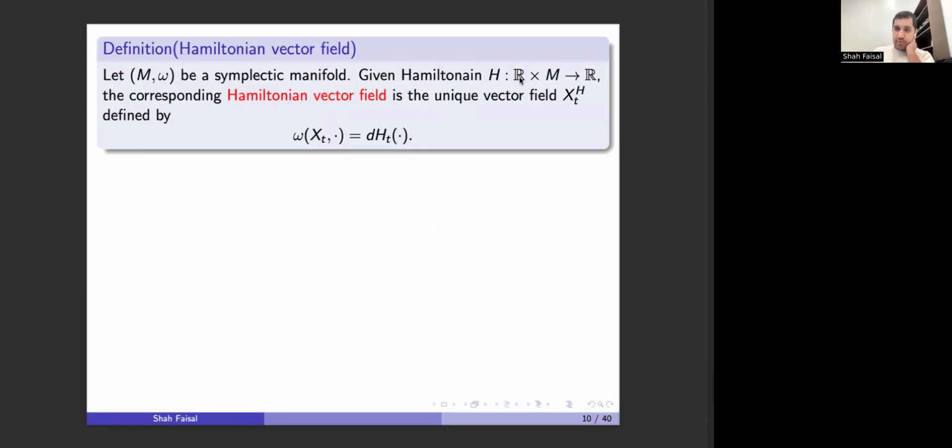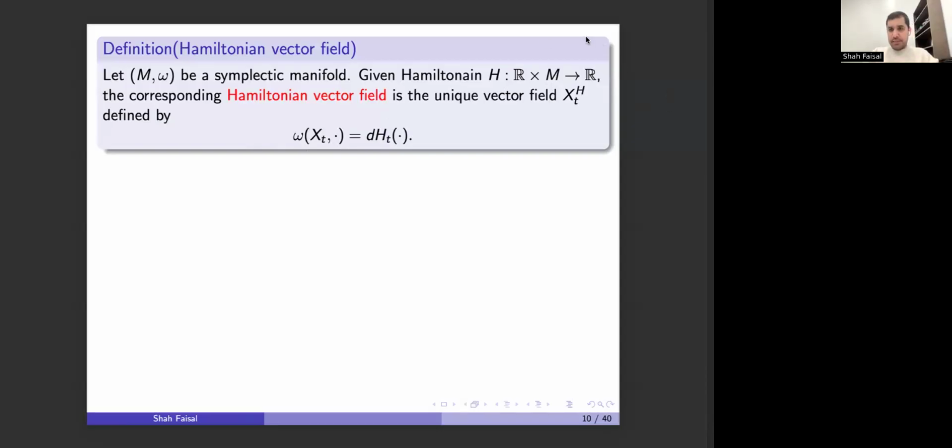If you fix the time parameter, then you get a smooth real valued map on M, and the differential is a one form, and for that you find a dual vector field. So for each t you can do this, and therefore you get a time dependent vector field, which I call the Hamiltonian vector field associated with the Hamiltonian H.